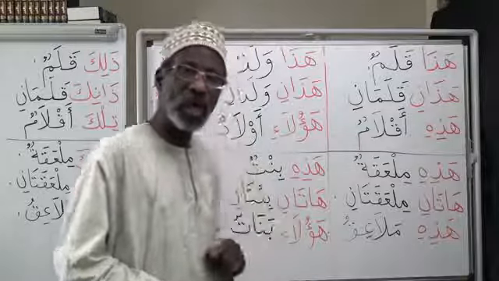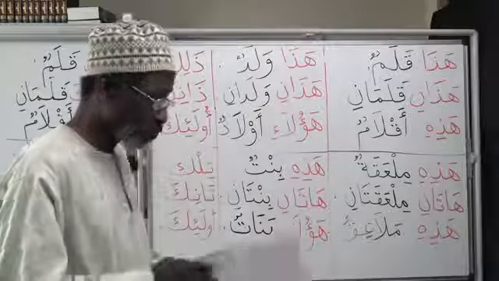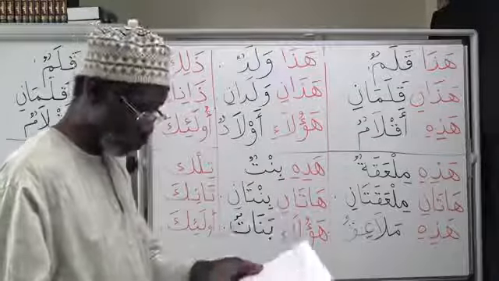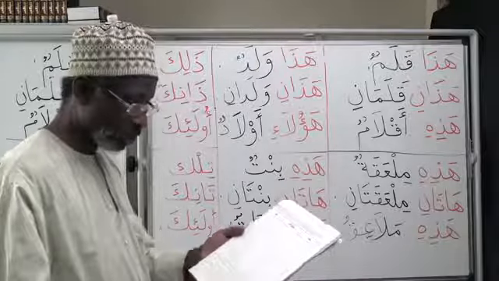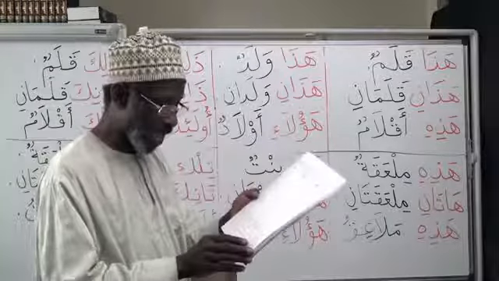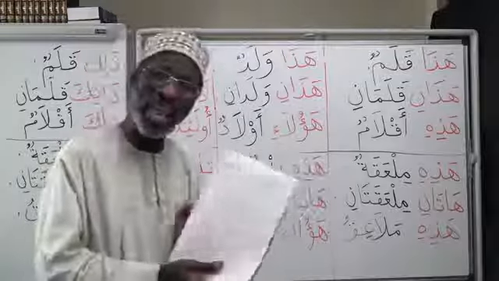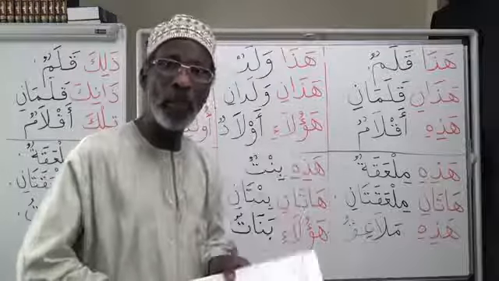That is the summary of the demonstrative pronoun, how to use it in plural format. So study page 43 as well as page 44 and do exercise 32 for me.